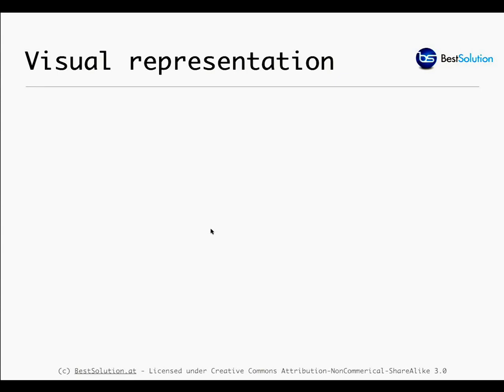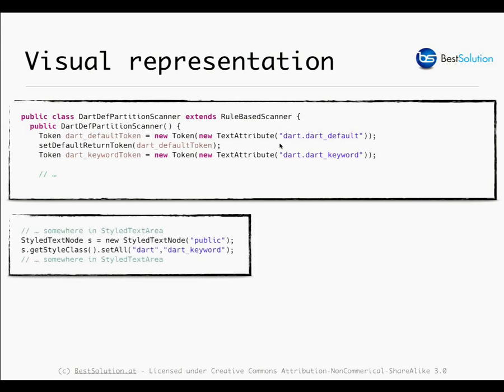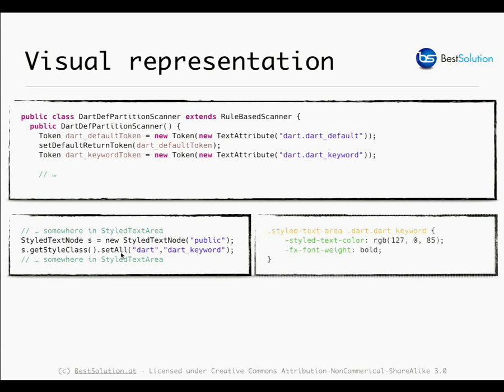Okay. Once we have all this information about the tokens, we need to represent them visually on the screen. And this is where the text attribute that we see up here is important. Because the StyledTextArea is made up of styled text nodes, it takes these as class selectors, which you can reference in a CSS style sheet.